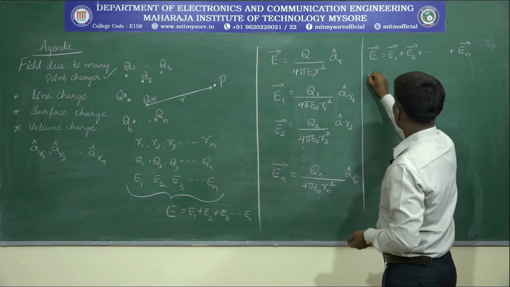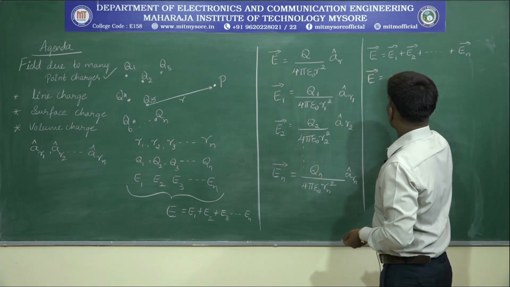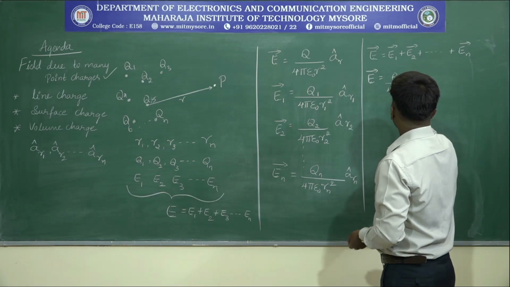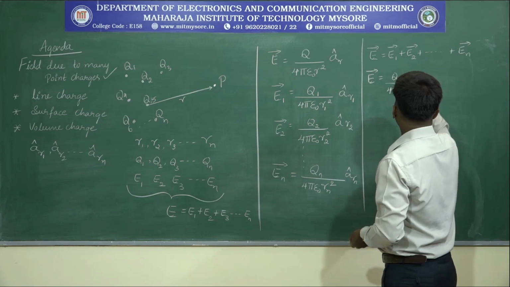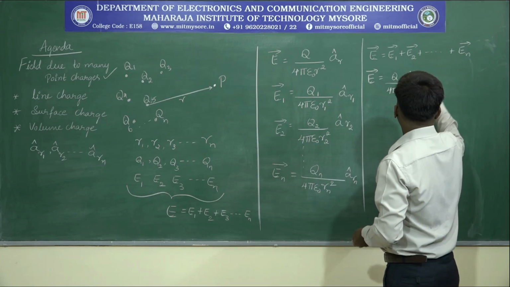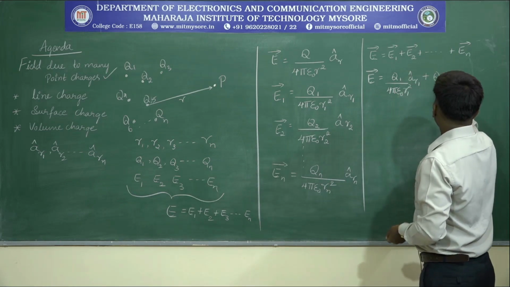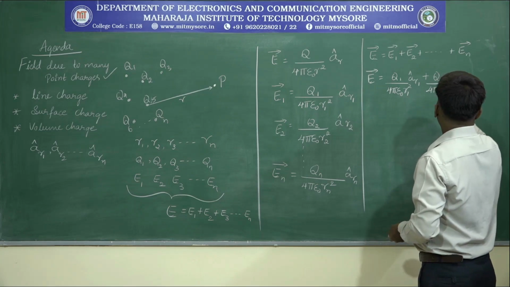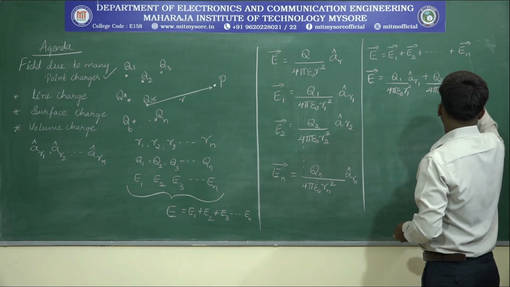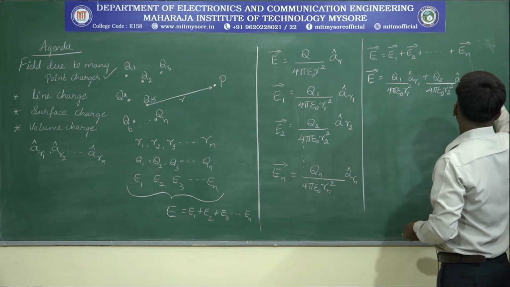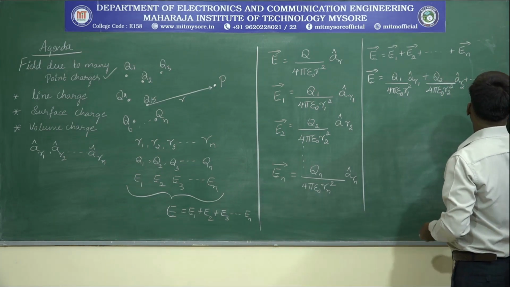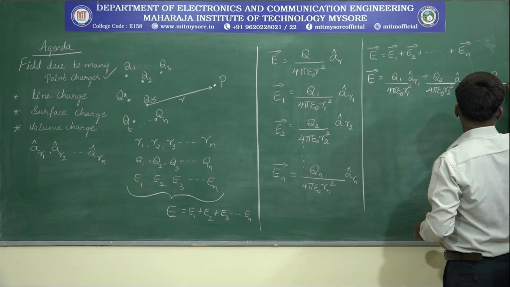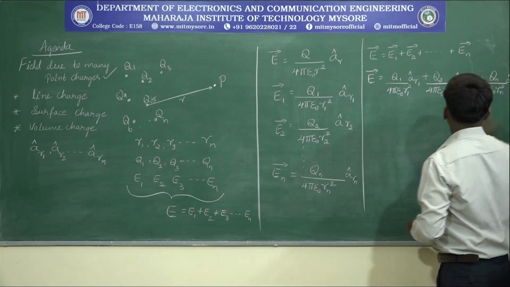Substituting these equations into the above equation, E is given by Q1 divided by 4 pi epsilon naught R1 square a cap R1 plus Q2 divided by 4 pi epsilon naught R2 square into a cap R2 plus so on up to Qn divided by 4 pi epsilon naught Rn square into a cap Rn.